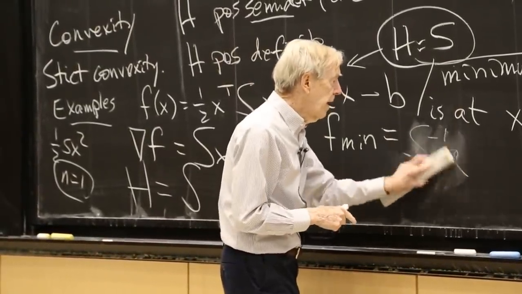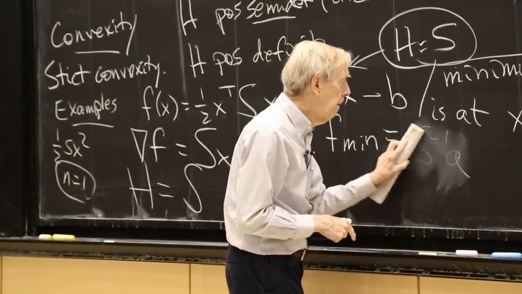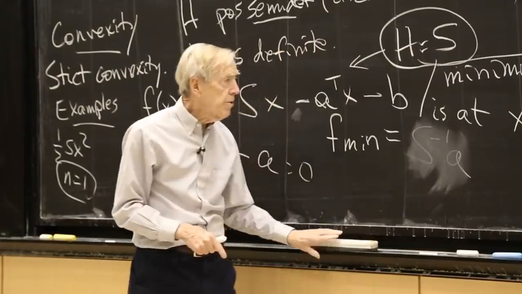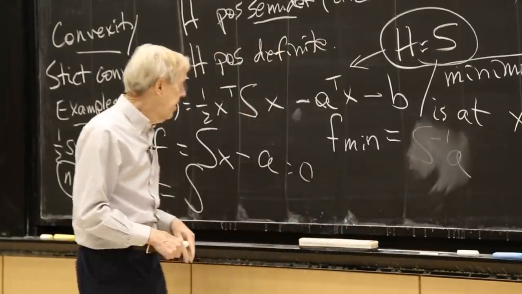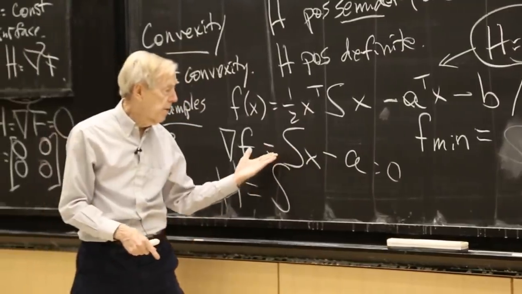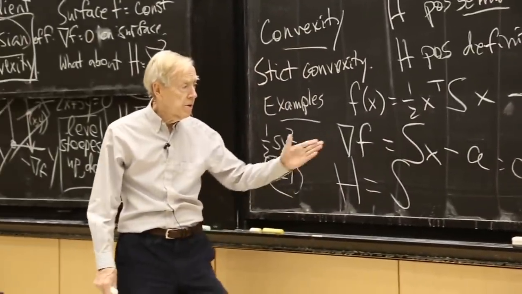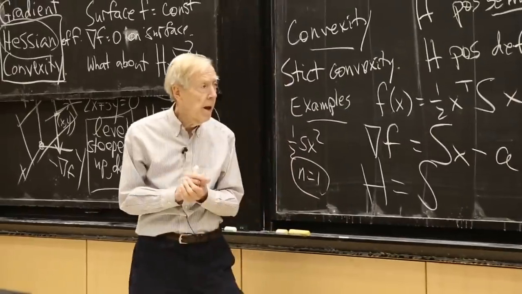Those are two different things. So the minimum is reached at S inverse A because that's obviously where the gradient is 0. It's the solution to Sx equal A.